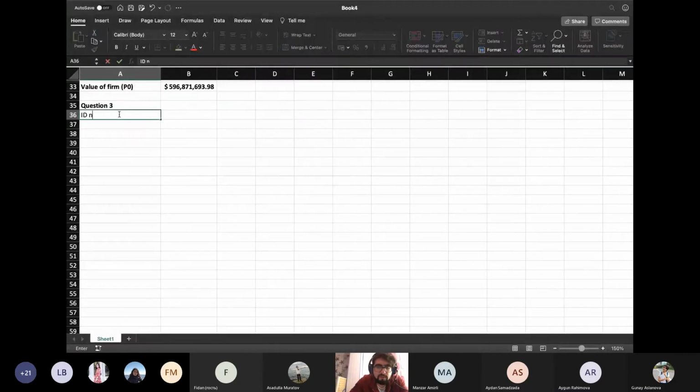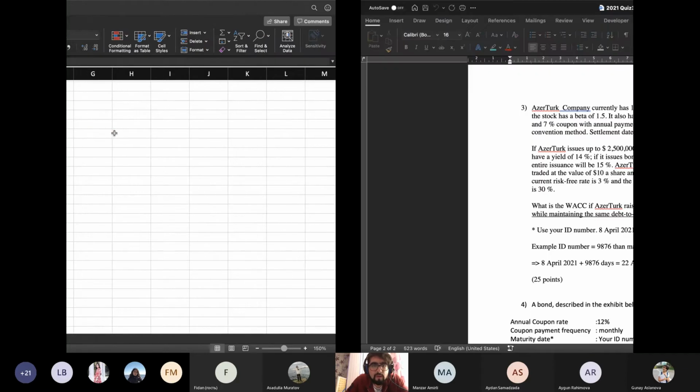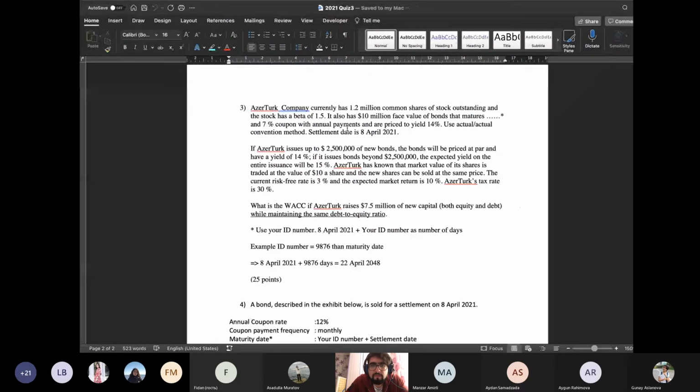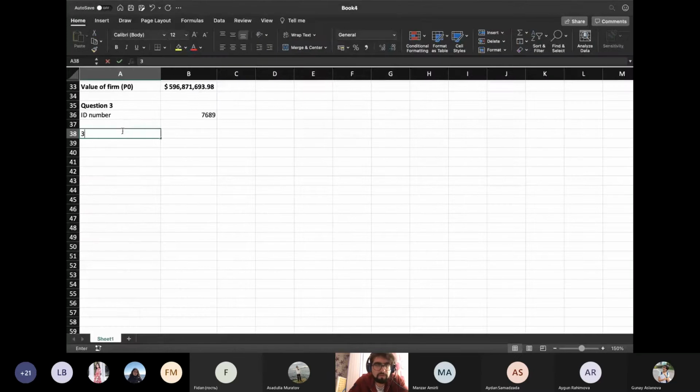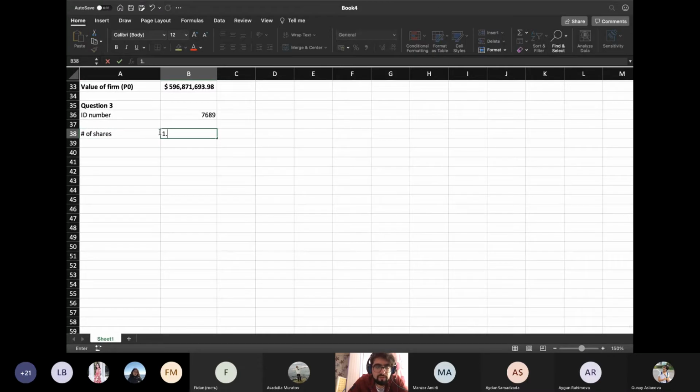So ID number, I take Cüneyt's ID number as she requested. So we have 1.2 million common shares of stock. Number of shares. Let's write it down here.